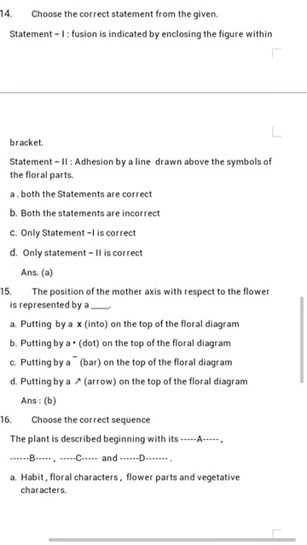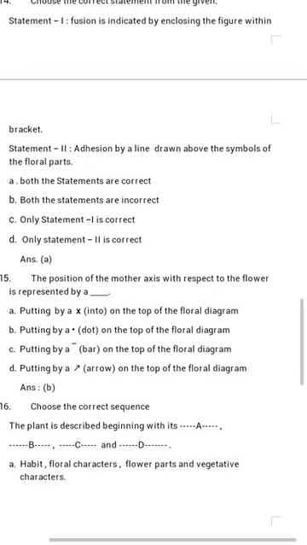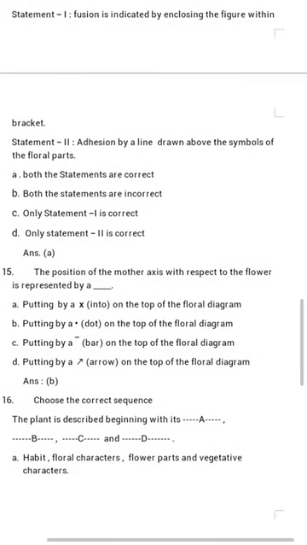This is a very important concept. We had a discussion in theory class. I repeat, statement 1. Fusion is indicated by enclosing the figure within brackets. So this is correct. Left and right side brackets should be kept for the enclosing phenomenon.